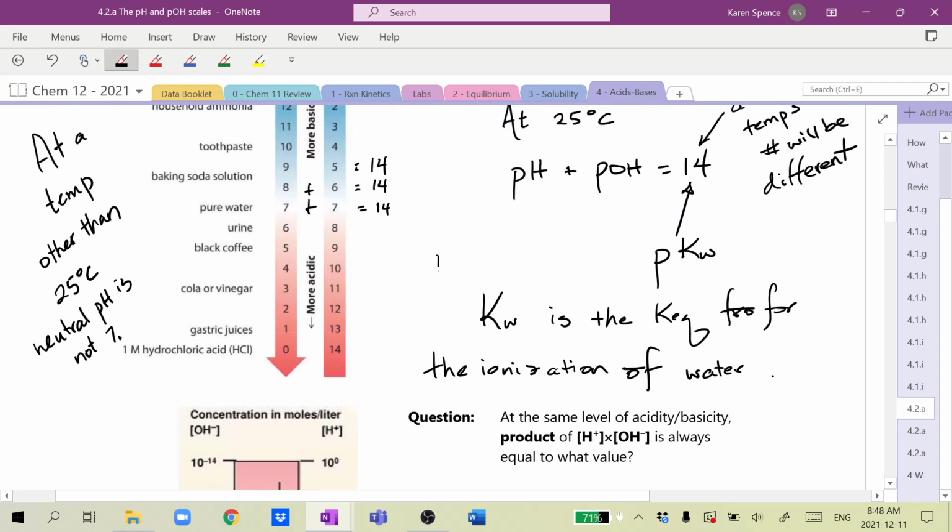If you're wondering what that is, if you take H2O, a very, very tiny bit of it actually does dissociate into H+ and OH-. And again, we'll talk more about that later.